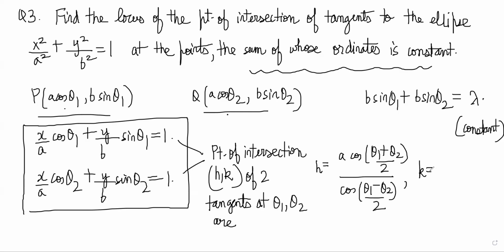And k will be b sine of theta 1 plus theta 2 by 2, by cos of theta 1 minus theta 2 by 2.